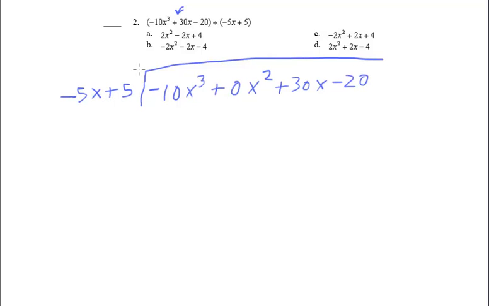So the first piece is, what do we have to do to negative 5x to get to negative 10x cubed? Well, it goes in there 2x squared times, because 2x squared times negative 5x is negative 10x cubed, and 2x squared times 5 is plus 10x squared.